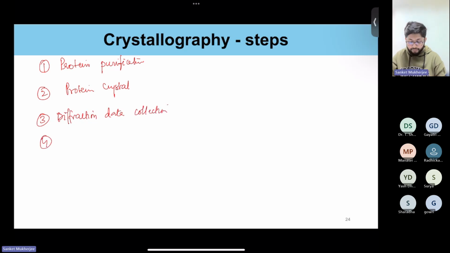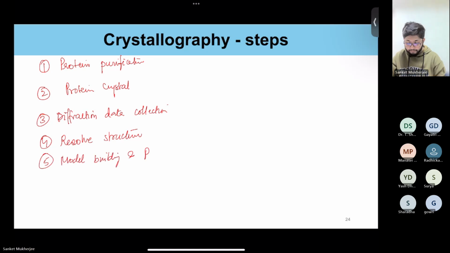Then we will resolve the structure. And finally, we will make a model. Resolution of the structure is done using a computational program. Model building and refinement will lead to the final protein structure.